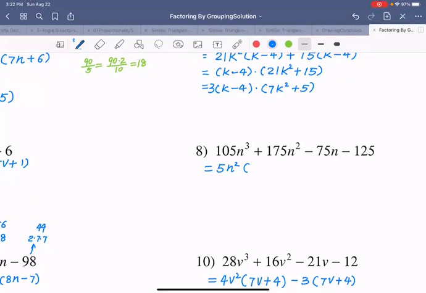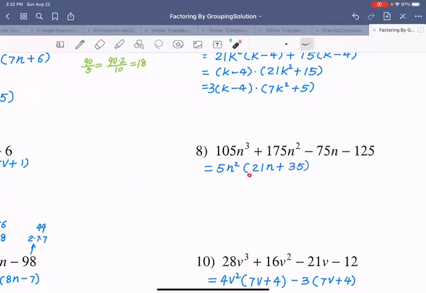Then you have 21n, and then you have 175 divided by 5, how much? 35. This is 35.